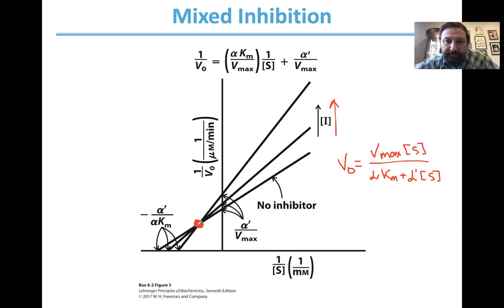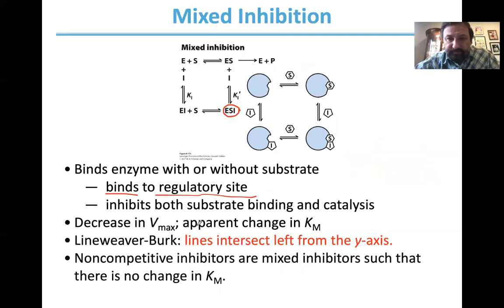This type of inhibition is, I guess, now, I don't want to say it's less common. Let's go back to this. Well, the inhibitor has its own site. Yeah, I need to look into this.